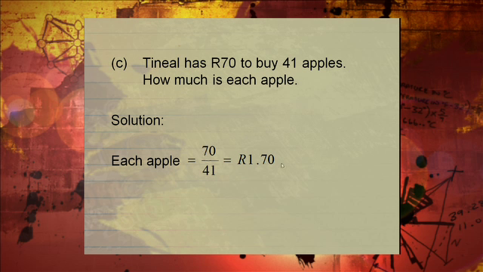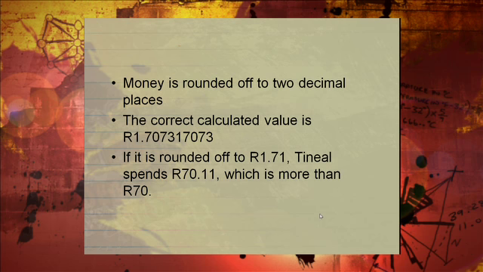But from the calculator, you're going to get this. From the calculator, the correct calculated value is this. Remember, money is rounded off to 2 decimal places all the time. This one, it's obvious. Okay, straightforward.